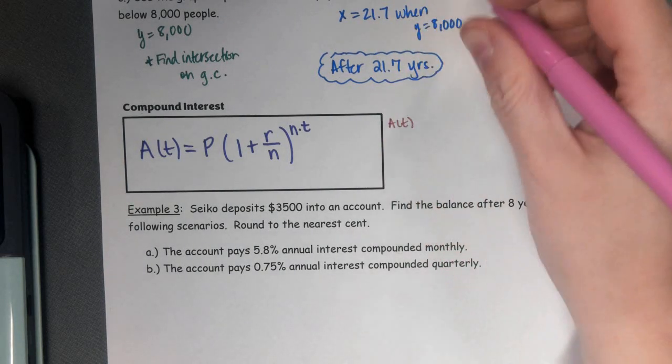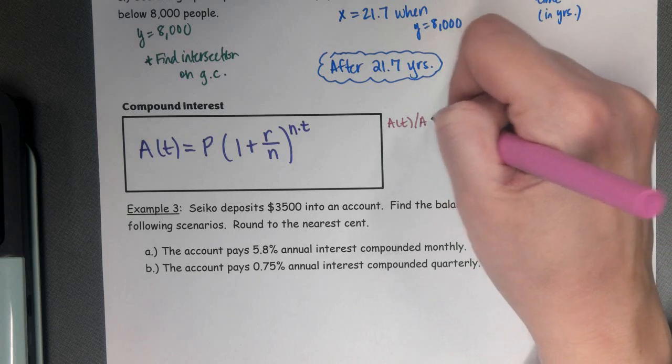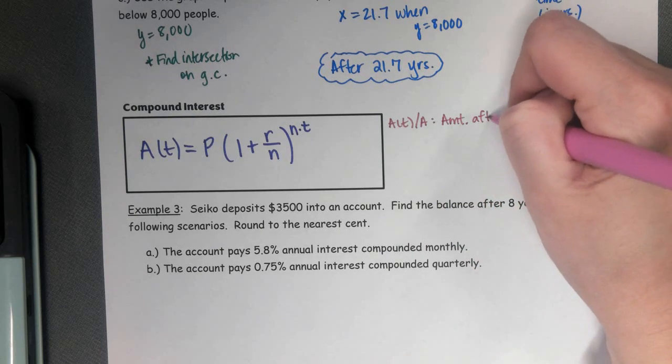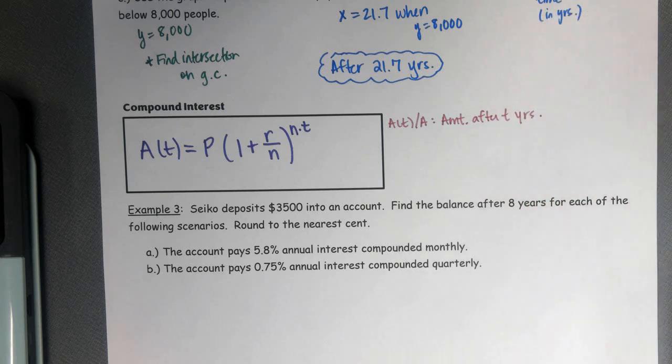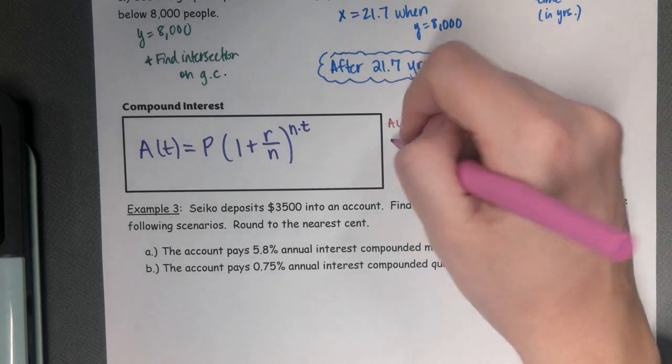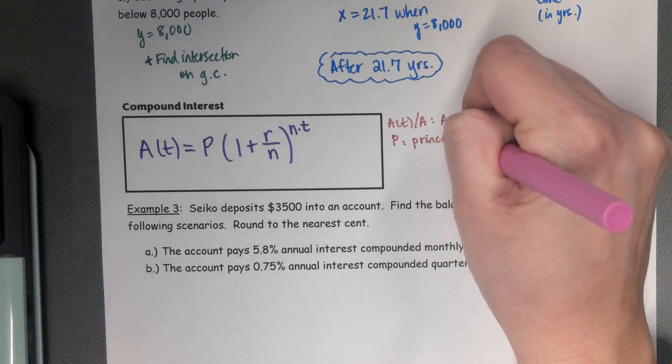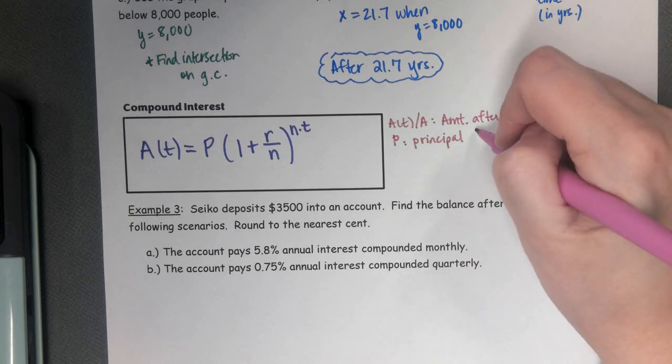So the A of t, or like I said, sometimes it's just A, that is the amount after t years. Okay, the P stands for the principal. That's the initial amount.